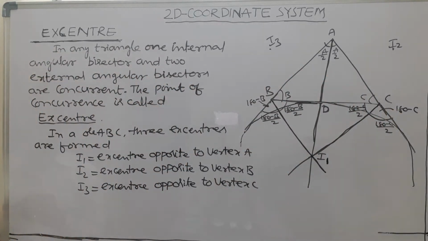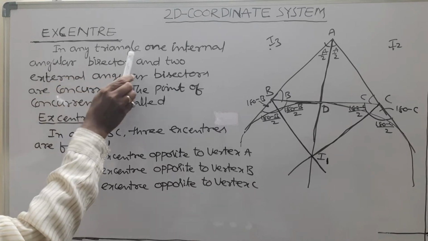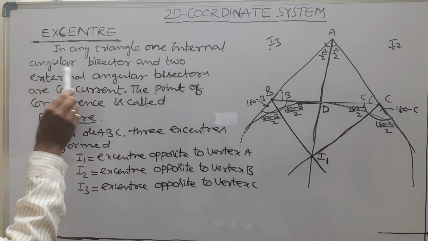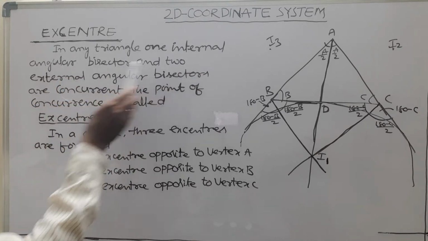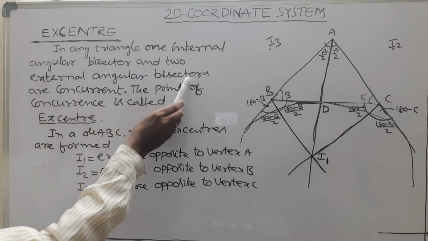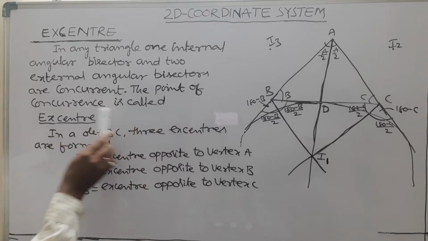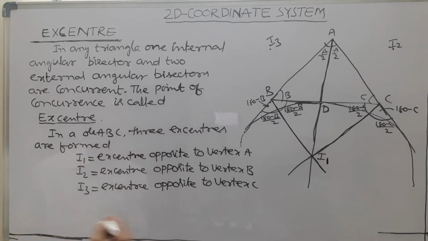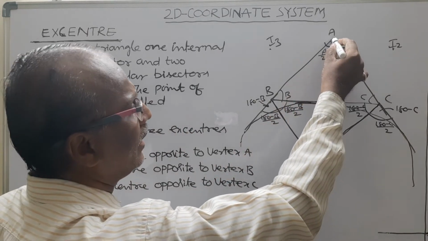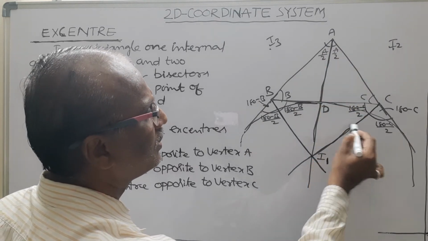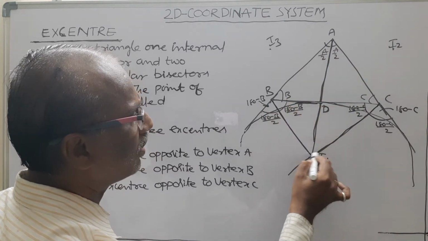By the definition, in any triangle, one internal angular bisector and two external angular bisectors are concurrent. The point of concurrence is called the excenter. Here this is one internal angular bisector. These two external angular bisectors are concurrent.